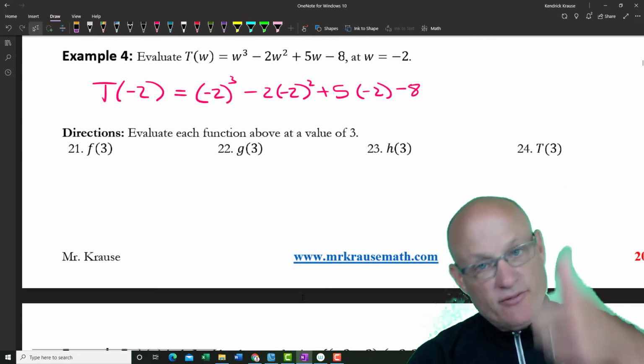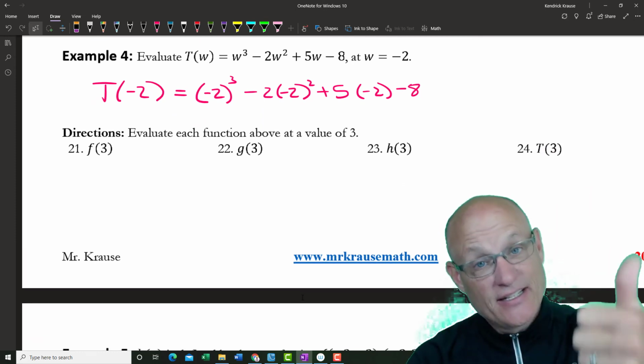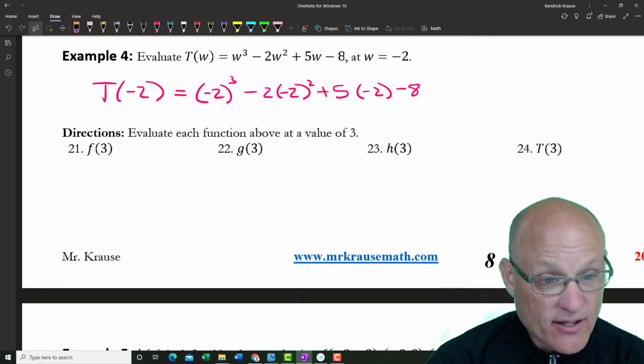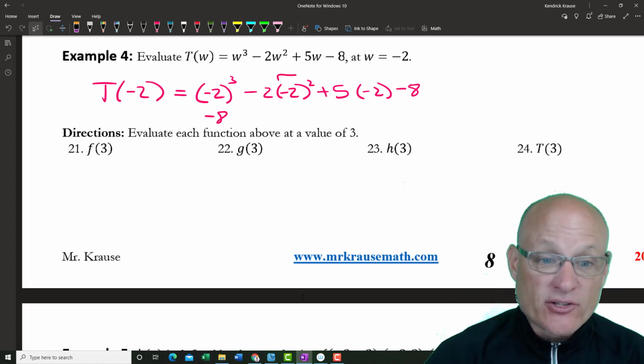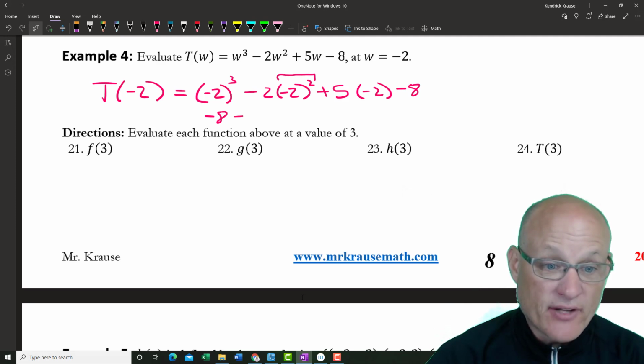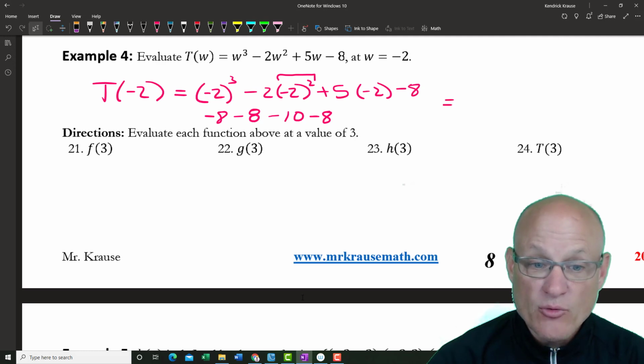Negative 2 cubed. Negative 2 times negative 2 times negative 2. 2 times 2 times 2 is 8, not 6. 3 negatives is negative, so that's negative 8. This is going to turn out to be positive 4 times negative 2, so that's negative 8. That's 5 times negative 2, so that's minus 10. Minus 8. Well, I believe if you do all that, you end up at just minus 34. Am I right?